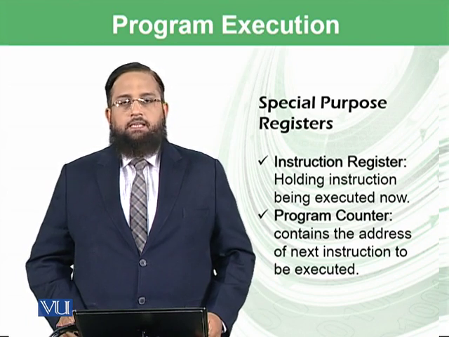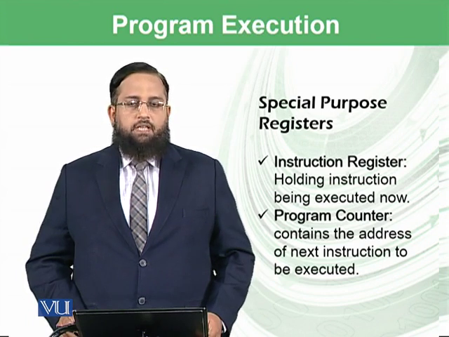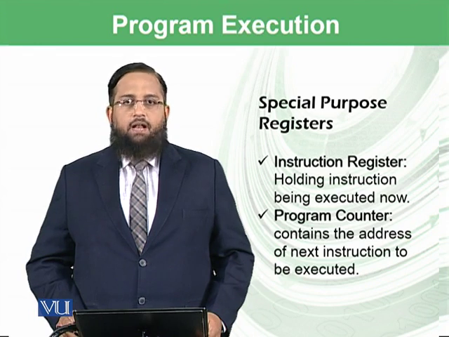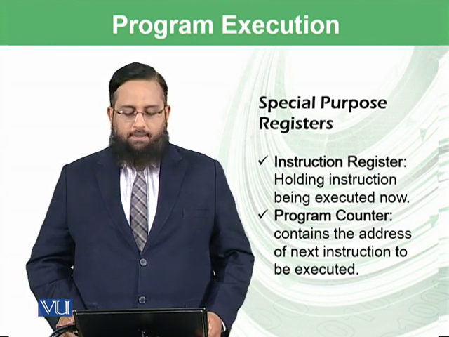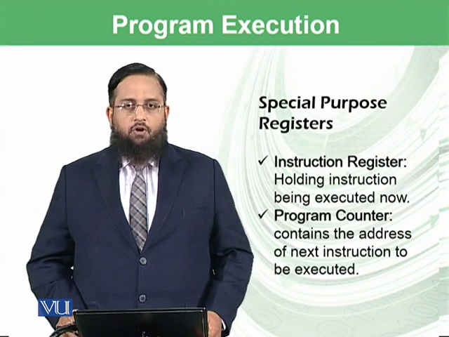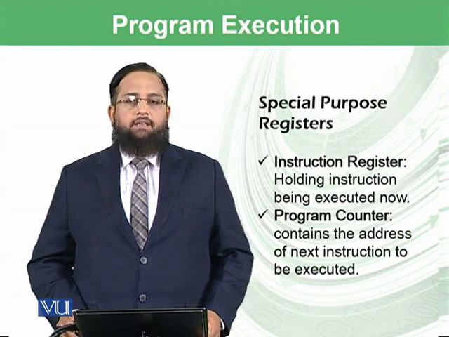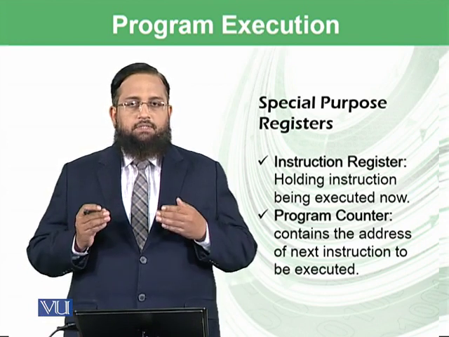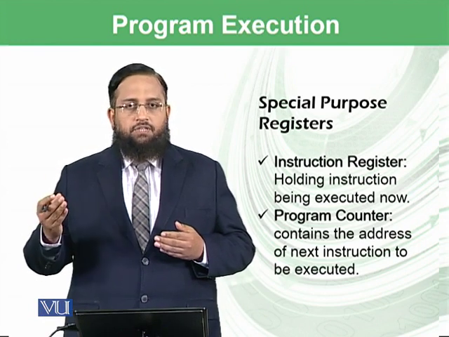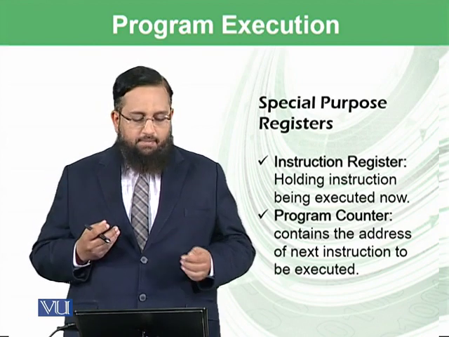However, these two important registers, known as the instruction register and program counter register, help us to execute the program properly. The instruction register holds the instruction being executed at the moment, and the program counter saves the address of the next instruction that is being fetched from the main memory.